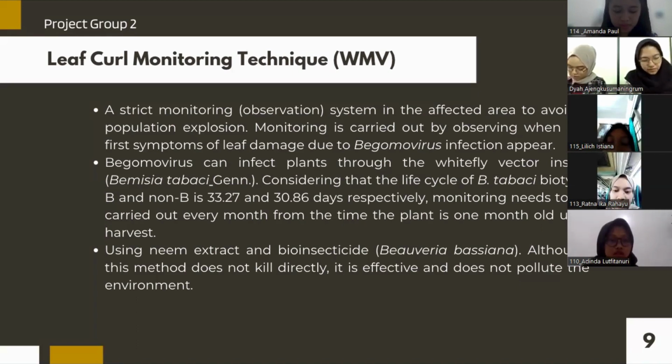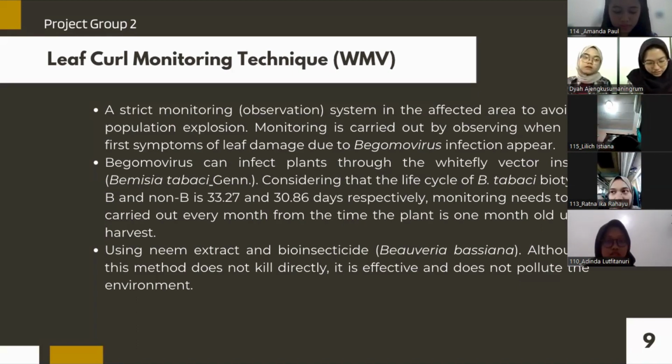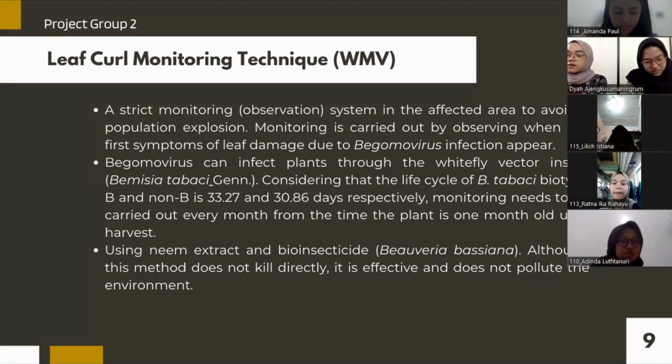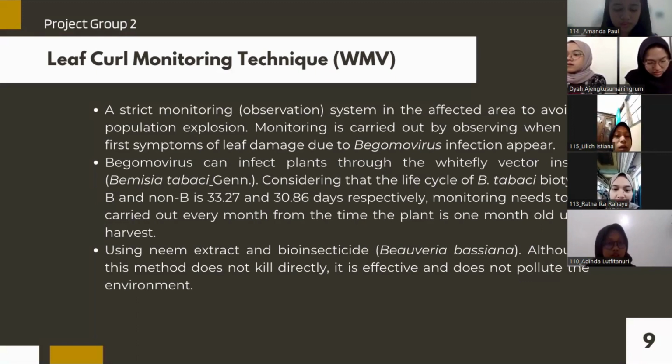A strict monitoring or observation system in the affected area to avoid a population explosion. Monitoring is carried out by observing when the first symptoms of leaf damage due to Picomovirus infection. Picomovirus can infect plants through the whitefly vector insect, Bemisia tabaci.